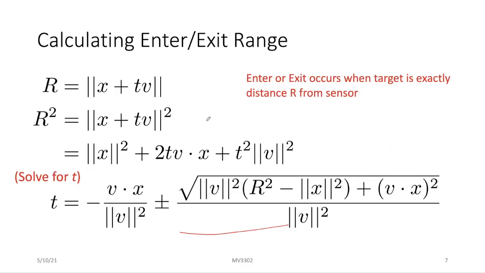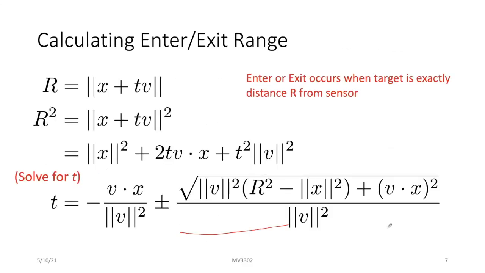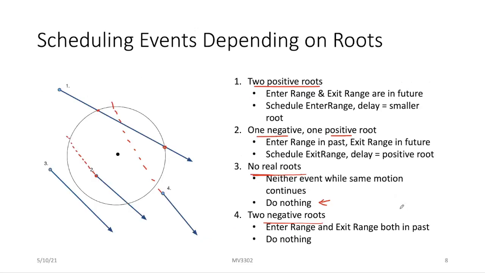So what we've done is, from our simple canonical example, we've come up with an algebraic expression that is the delay between when that start move event happens and when something in between might happen. And then finally, we've identified all the different possibilities.